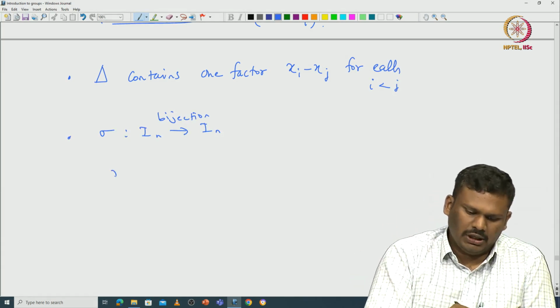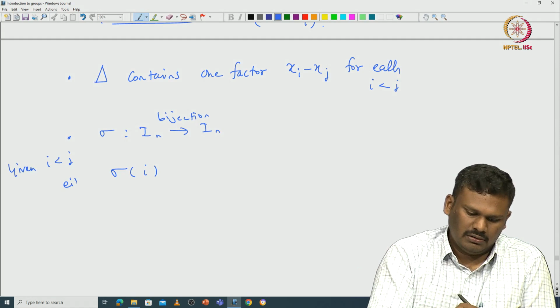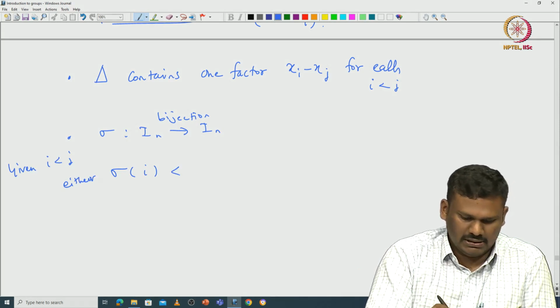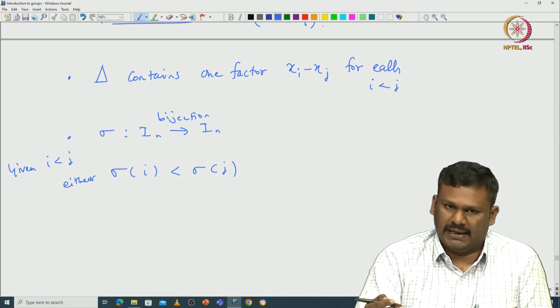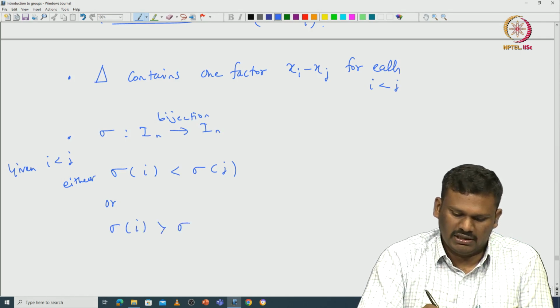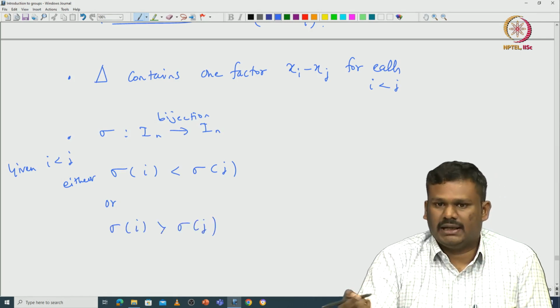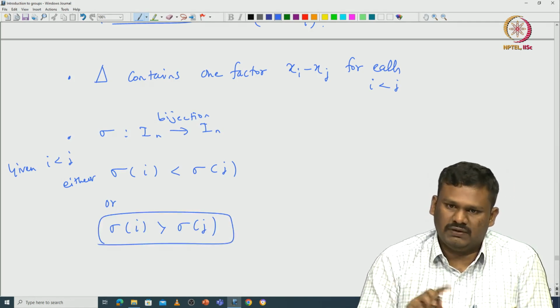In particular, given i less than j, either we have sigma i less than sigma j, which you can think of as being in the correct order, or sigma i is going to be greater than sigma j, so it is not in the correct order. Whenever it is not in the correct order, you have to switch.